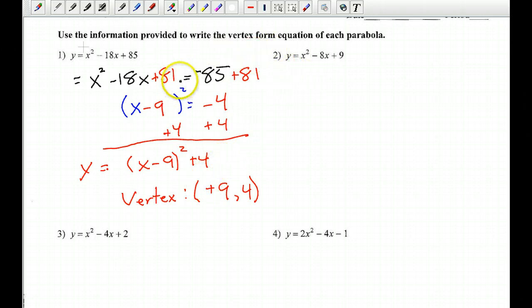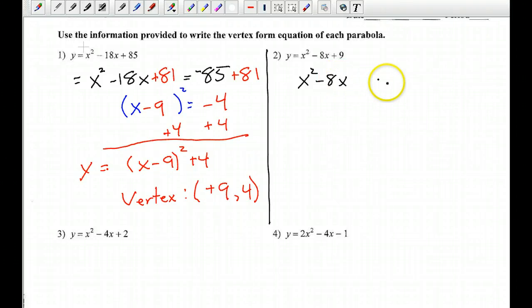Go ahead and try on number 2. You can duplicate the process. Alright, you might have something like this.